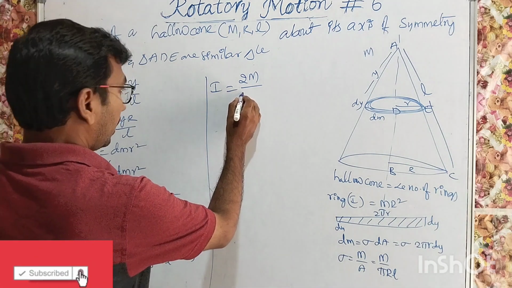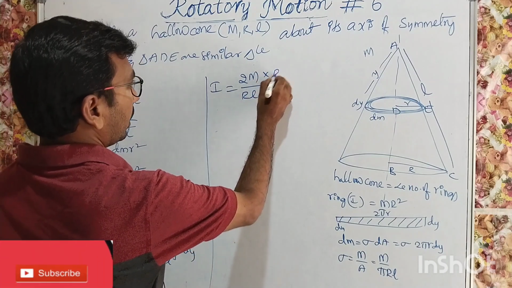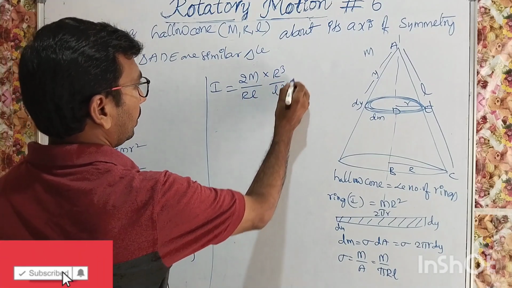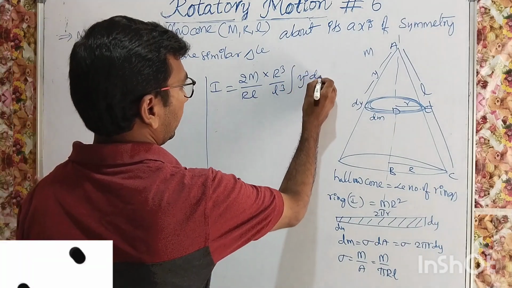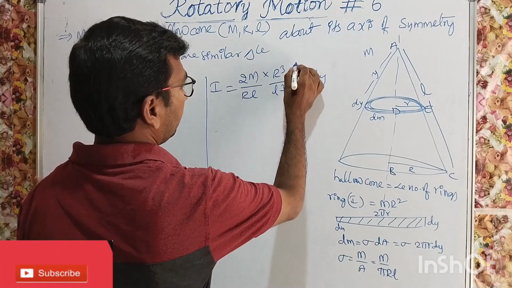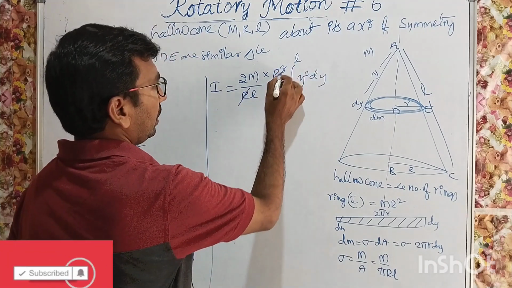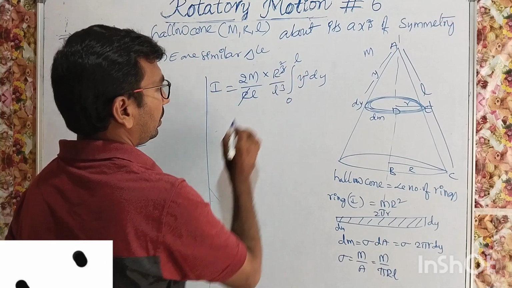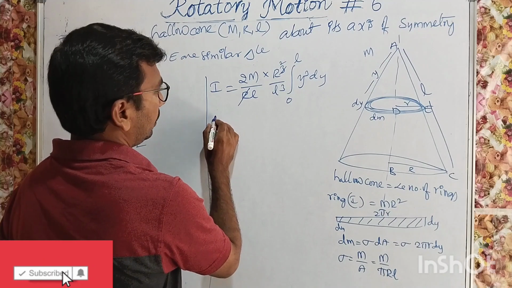So remaining is R L into R cube by L cube, integration y to the power of 3 dy, with limits from 0 to L. So here R cancels, meaning R to the power of 2, and L cube becomes L to the power of 4.